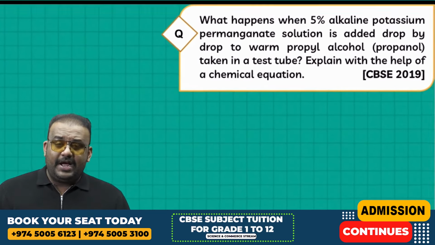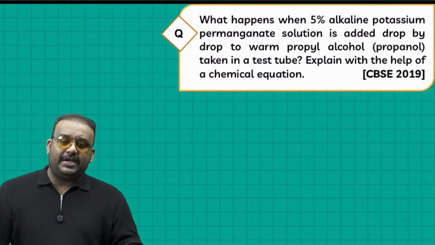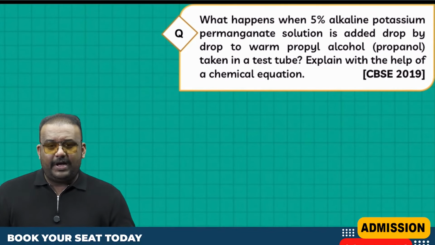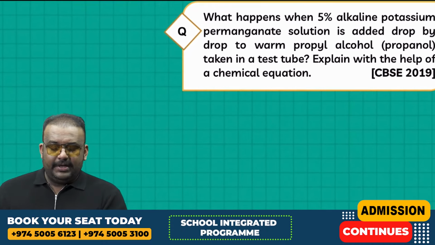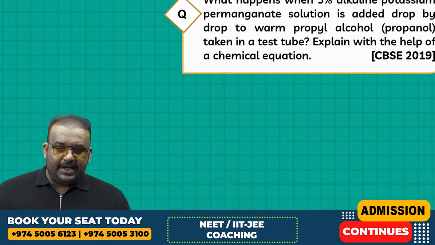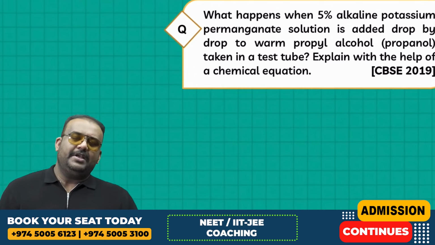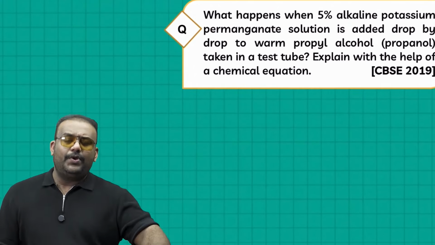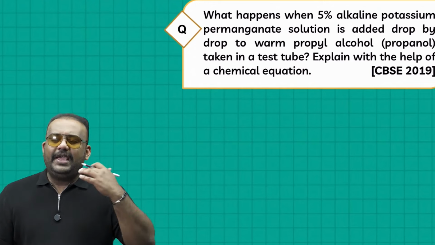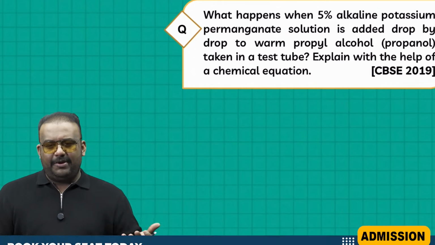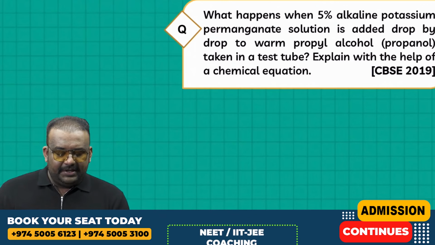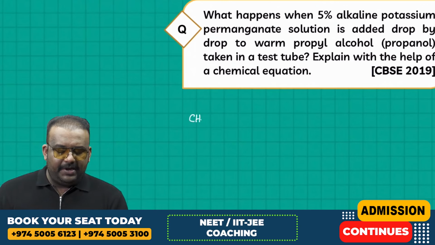See, this reaction, as it is, may not be mentioned in the textbook with propyl alcohol, but you do know a reaction where ethyl alcohol reacts with KMnO4, correct? That is an example of an oxidation reaction. So the same is going to happen here.